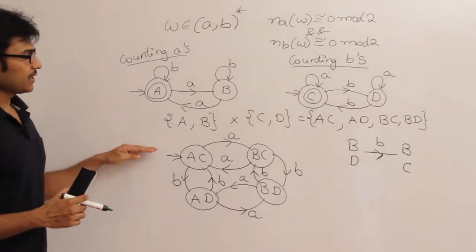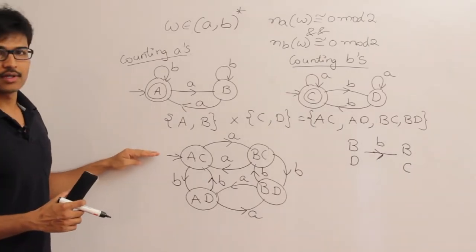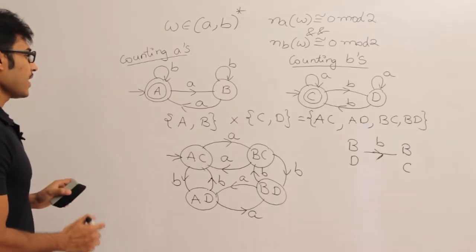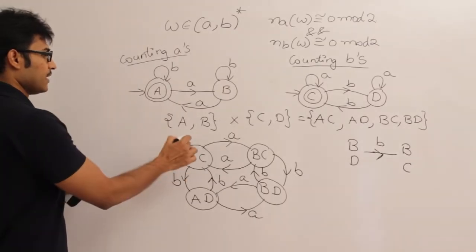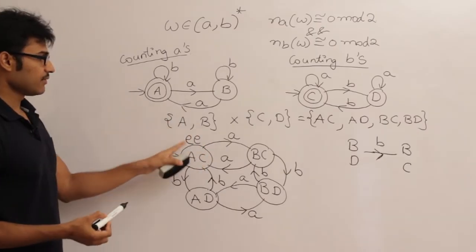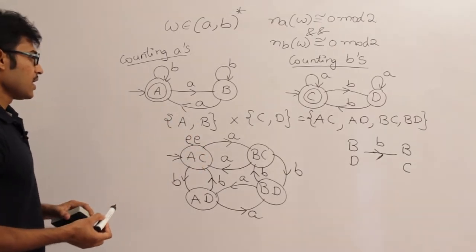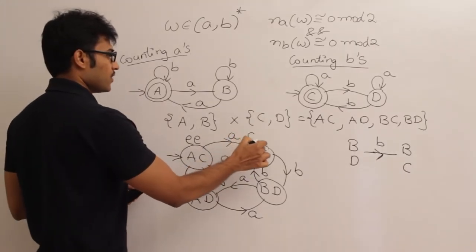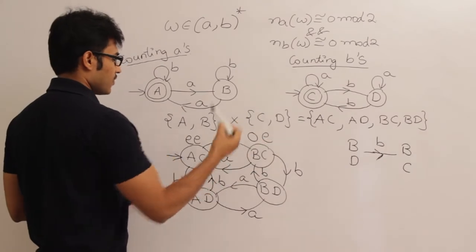Now if you can compare the previous question and this question, it looks exactly the same. The diagram looks exactly the same, and in fact AA is nothing but even number of A's and even number of B's. AC is nothing but even number of A's and even number of B's. And now BC is nothing but odd number of A's and even number of B's.